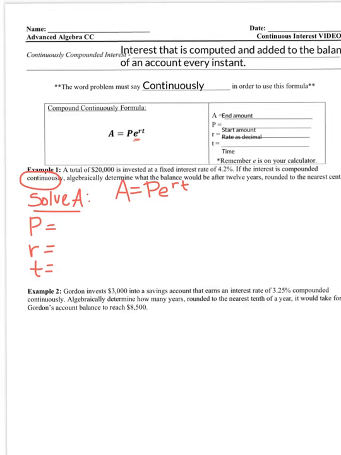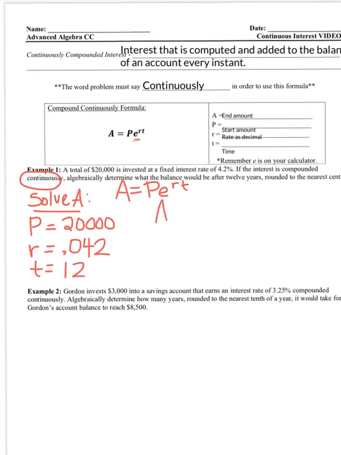P is how much you're starting with. So in this case, we started with $20,000. R is the rate. So it's 4.2%. You move that decimal 2 times to the left. That would be 0.042. And T, we want the balance after 12 years. So T is going to be 12.